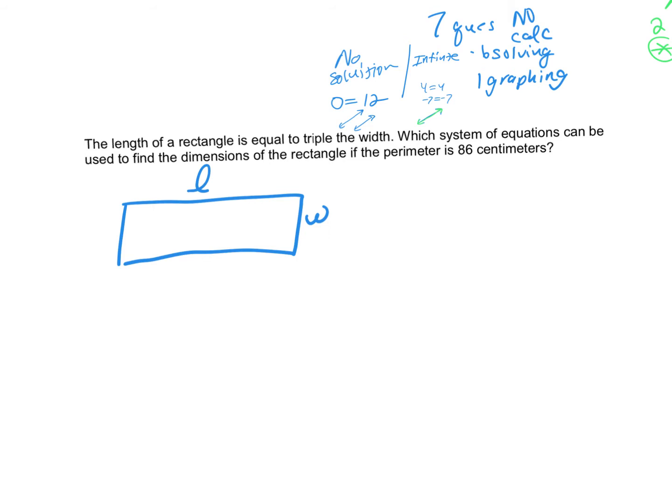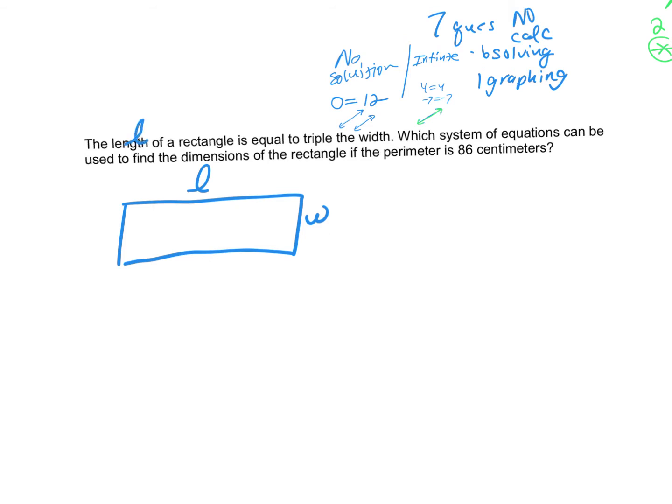All right, well, we're going to be able to get 2 equations out of this little piece of information. But let's talk about what some words mean in math. What does the word is mean in math? Equals. Every single time. So look, we've defined our 2 variables, right? We're using L and W. The first sentence says the length of a rectangle.